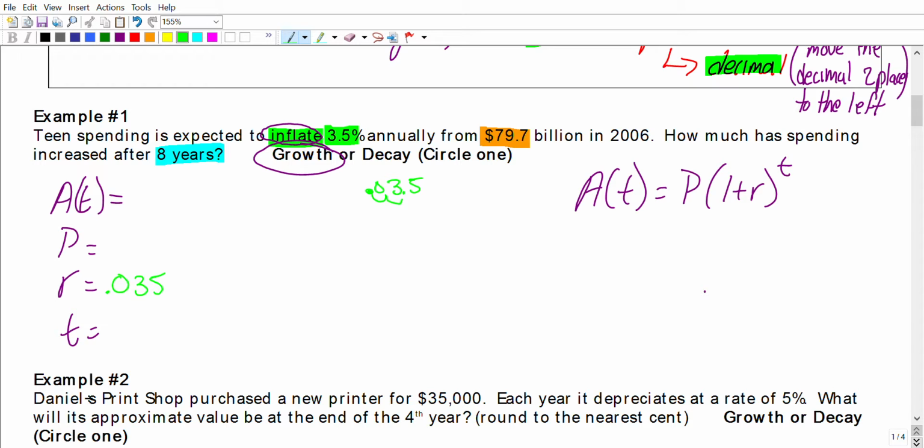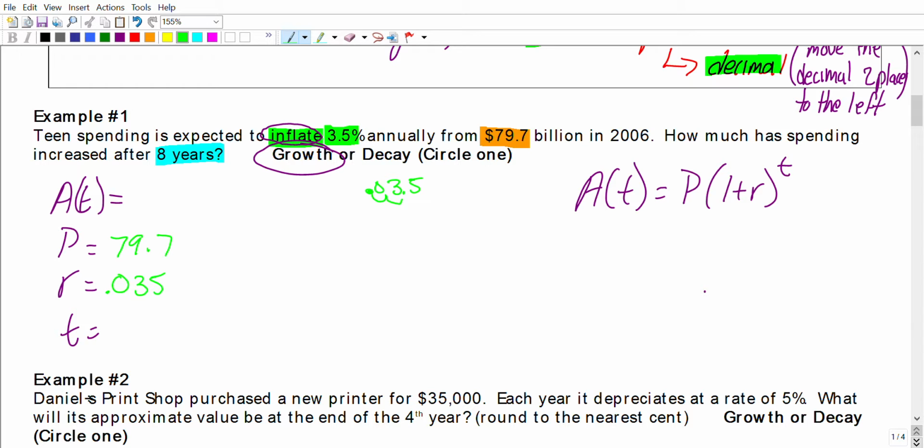Let's see what else we can find here. It says it's expected to inflate 3.5% annually from $79.7 billion in 2006. That's where we're starting, at 79.7. Which one is our starting value? That would be our P. So this is 79.7, and just keep in mind that it's in billions of dollars. Okay, we have that information now.